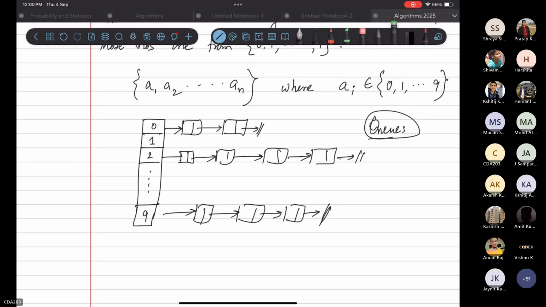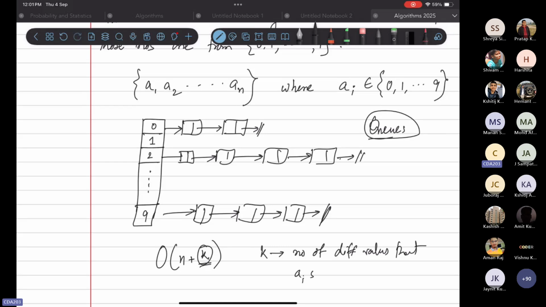Having said that, we can see that the time taken for this would be O(n + k), where k is the number of different values that the A_i can take.